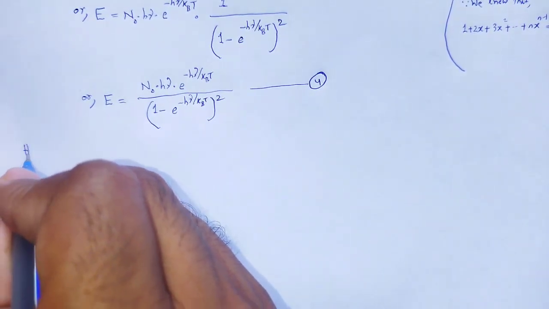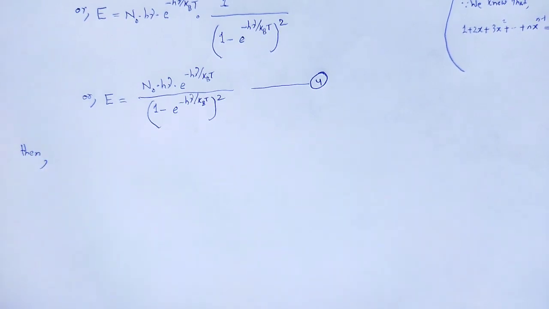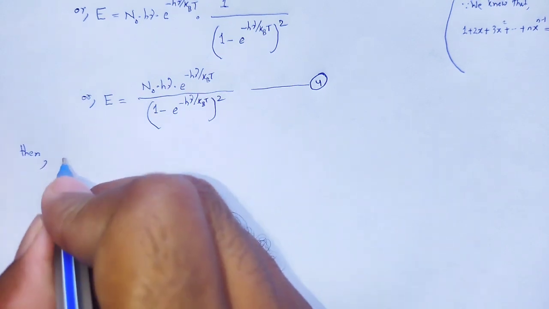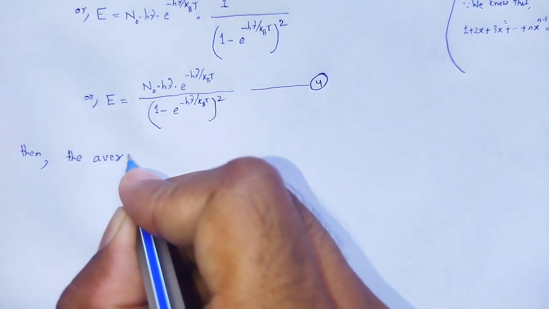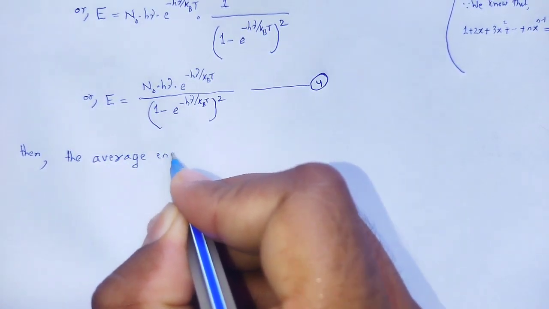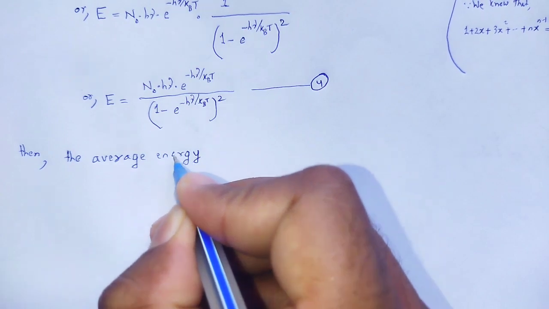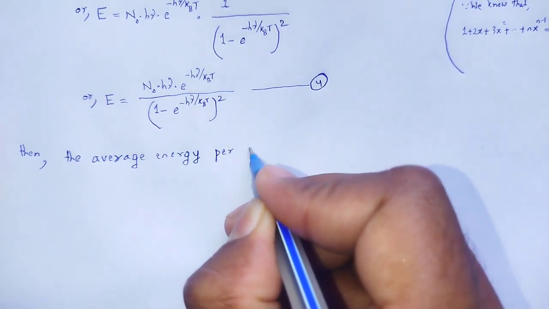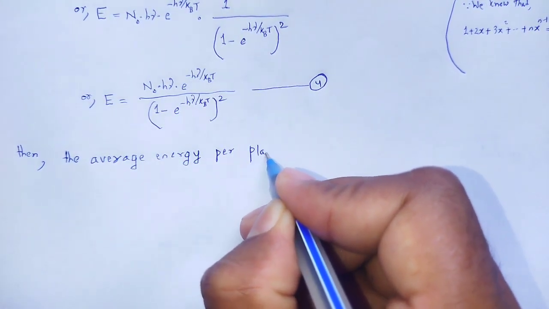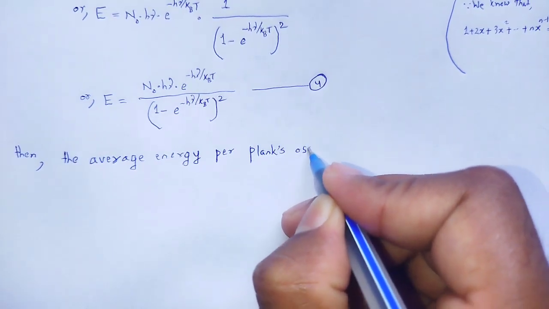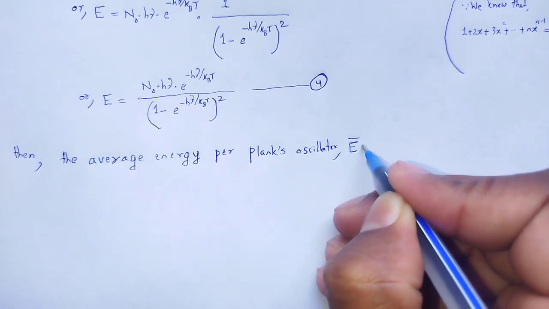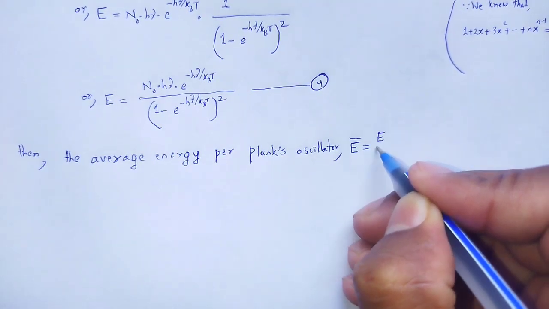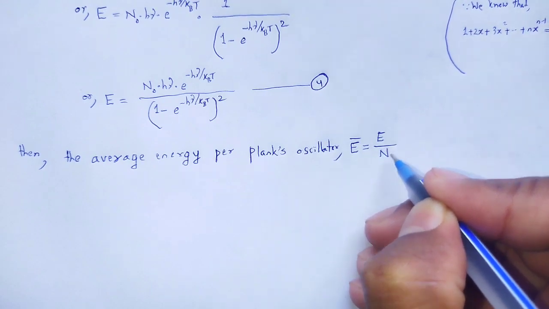Then the average energy per Planck's oscillator: E average is equal to total energy divided by total number of such Planck's oscillators.